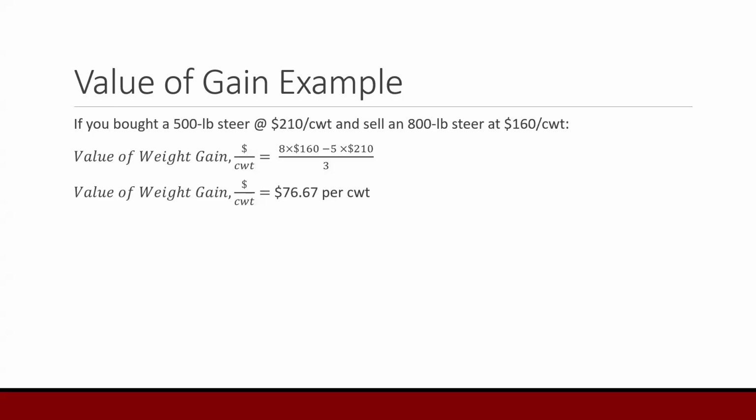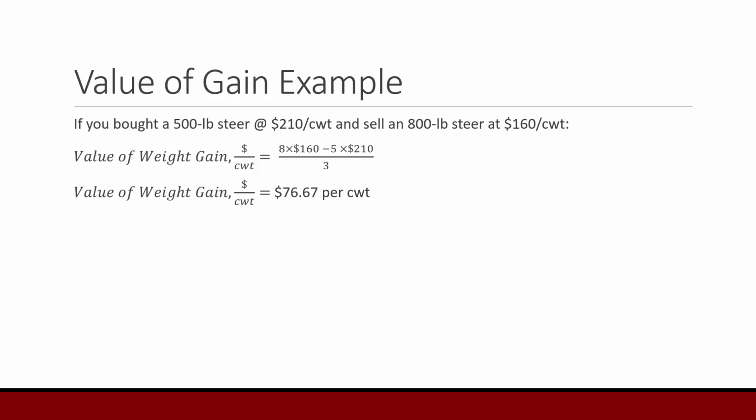Plug that in. 800 minus 500 is 300, so that's 3 hundredweight gained. Okay. 8 times 160 minus 5 times 210, divided by 3. The value of gain was $76.67 per hundredweight. Okay. Any questions?